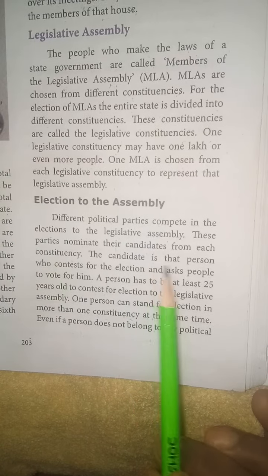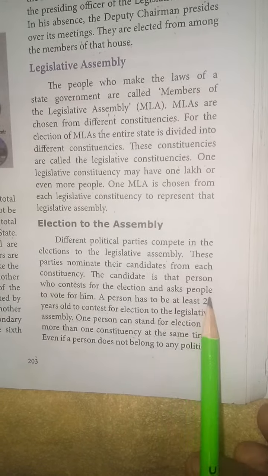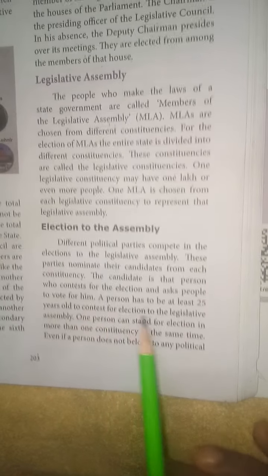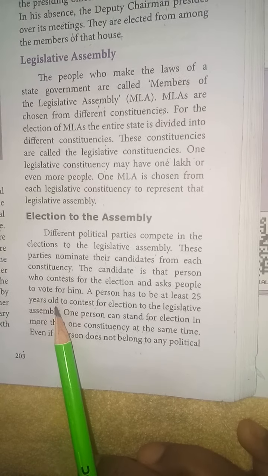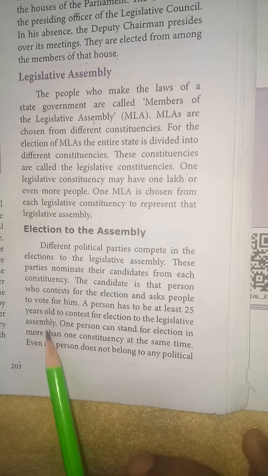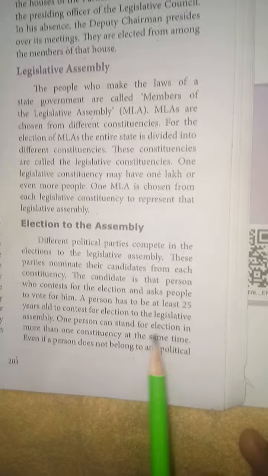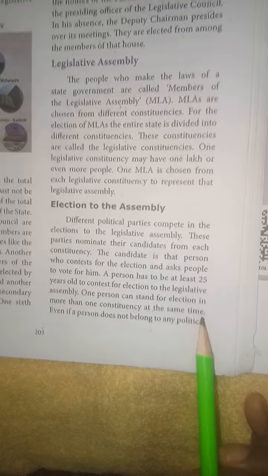The candidate is the person who contests for the election and asks people to vote for him. A person has to be at least 25 years old to contest for election to the legislative assembly. One person can stand for election in more than one constituency at the same time.